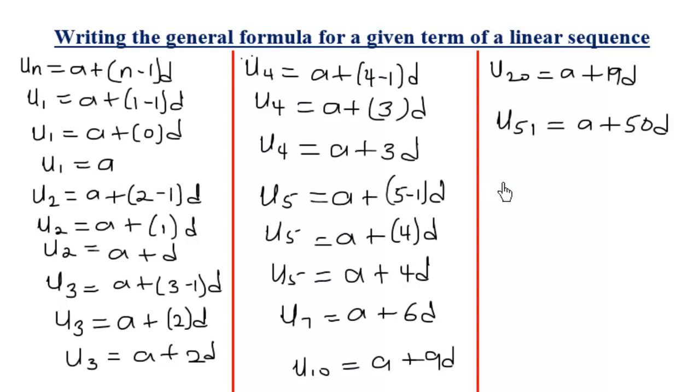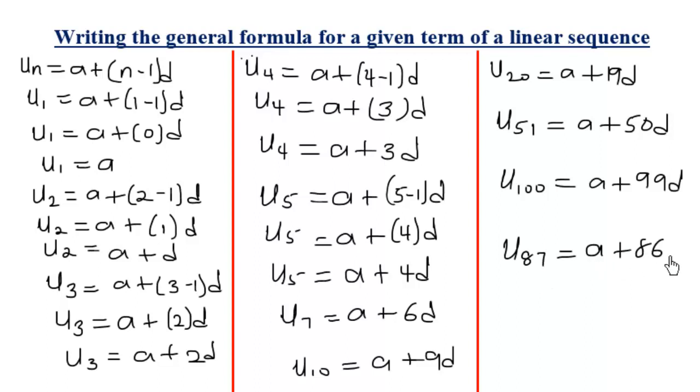Can we talk of the 100th term? The 100th term is a plus, 100 minus 1 is what? 99. So 99d. Can we talk about, let's say, the 87th term? So a plus, now 87 minus 1 gives us what? 86. So 86 times d.